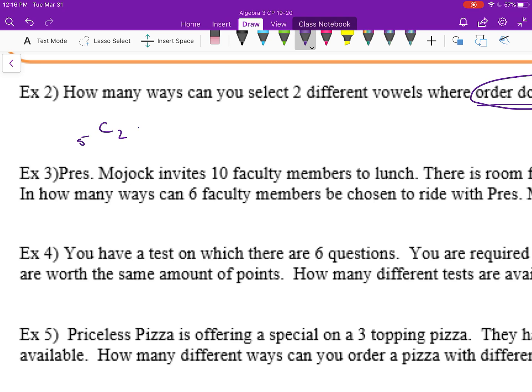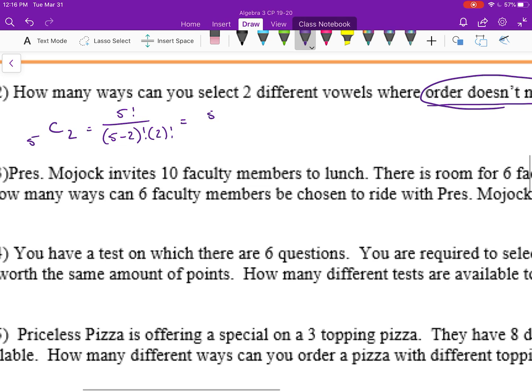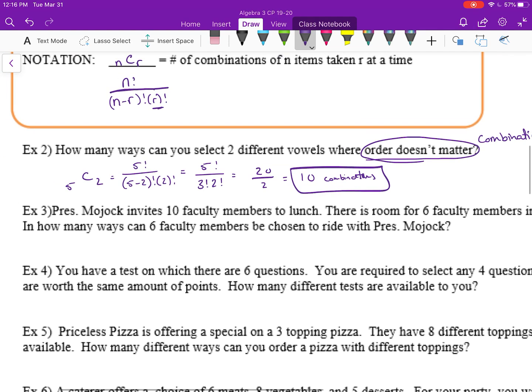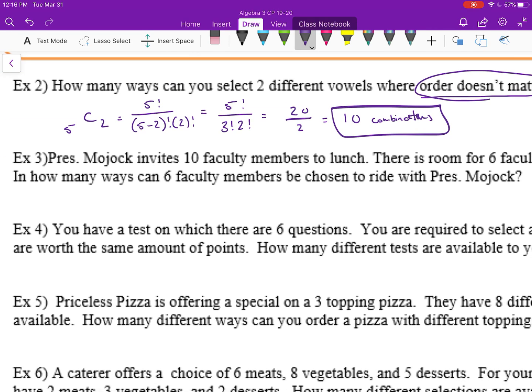If we go through our formula, we have 5 factorial over n minus r factorial times r factorial. So this is just 5 factorial over 3 factorial times 2 factorial. You can multiply it all out, but the bottom line is you get 20 over 2, which gives me 10. So there are 10 combinations of choosing 2 out of those 5 vowels.